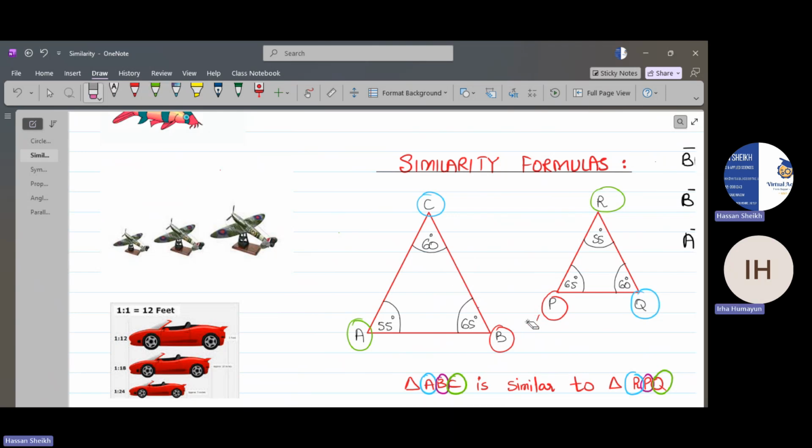PQ. Exactly. Do you understand your mistake from the previous concept? Yes.